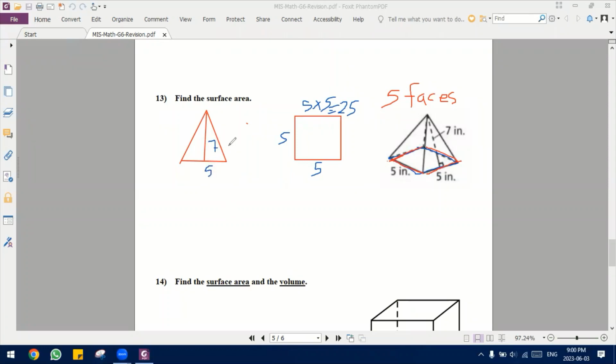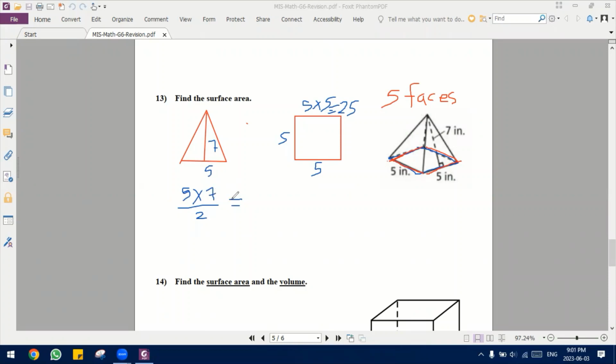To find the area of the triangle, we said it's base times height divided by 2. 5 times 7 over 2, so 5 times 7 is 35. 35 divided by 2.